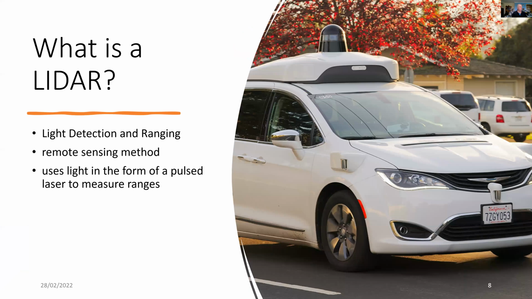So what's a Lidar? It's becoming quite popular now when we're considering autonomous cars, self-driving cars, and it's one of the sensors. So if you look at this vehicle, it's got a Lidar on top, and it rotates and is able to detect how far away it is from obstacles like other cars or other buildings, for example, or people.